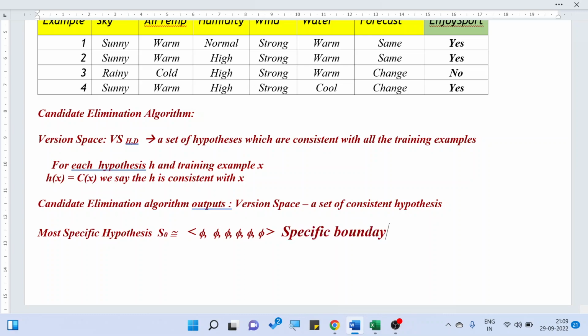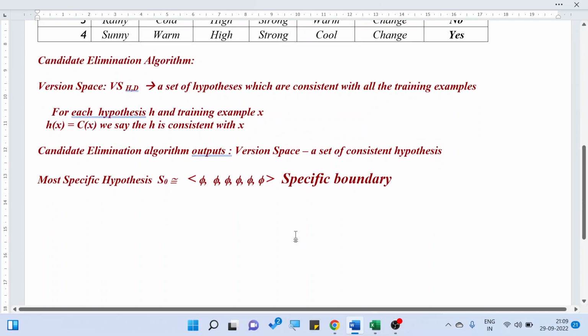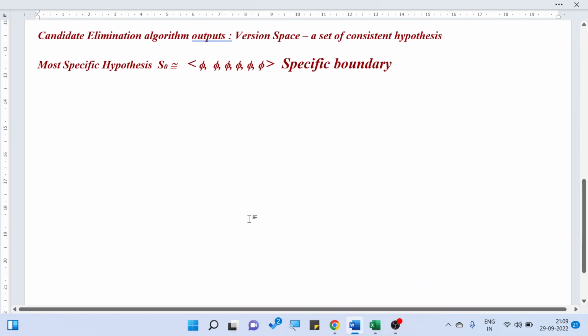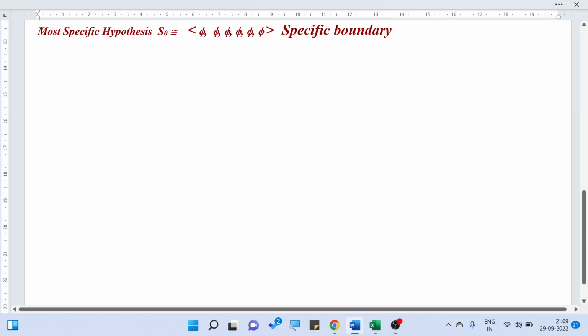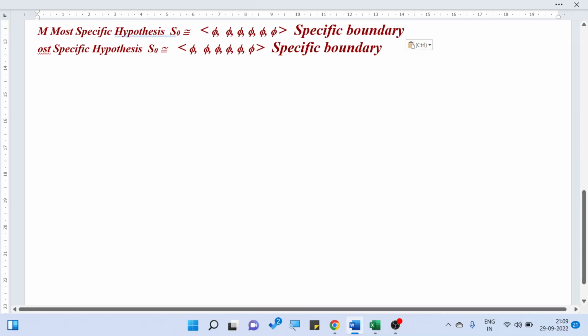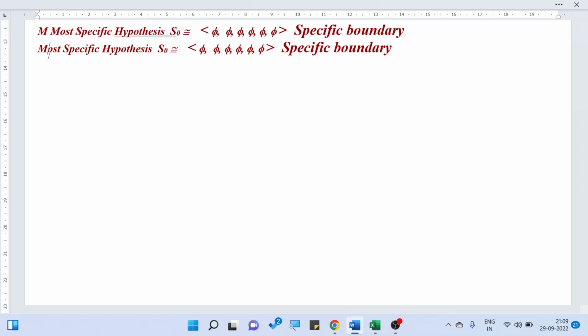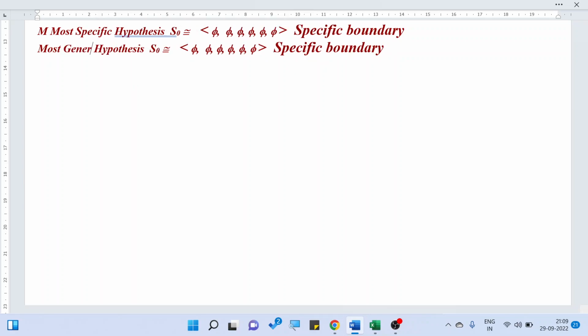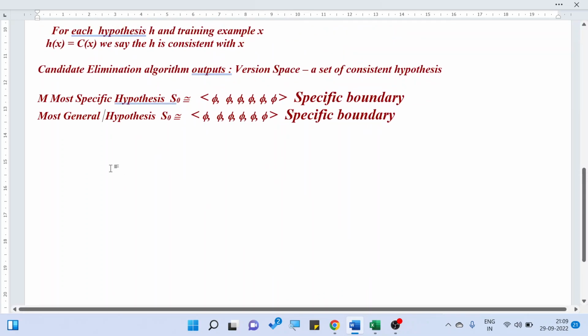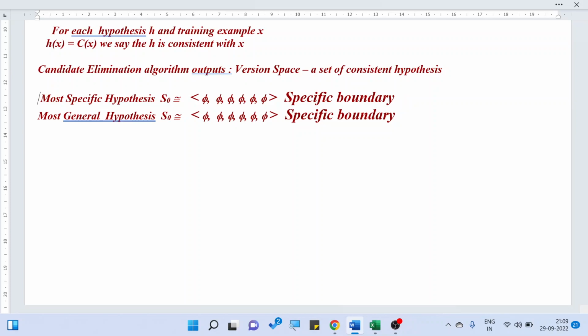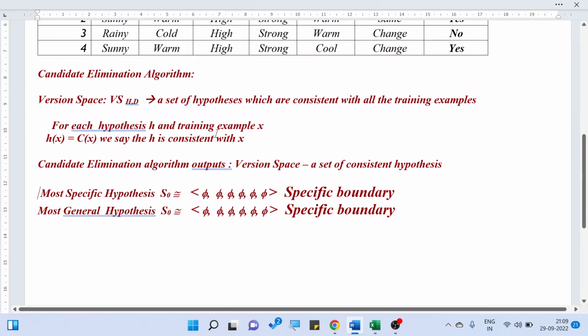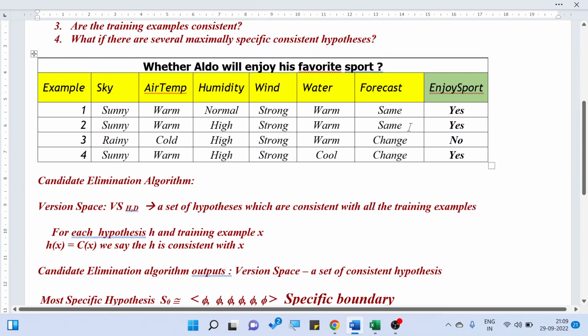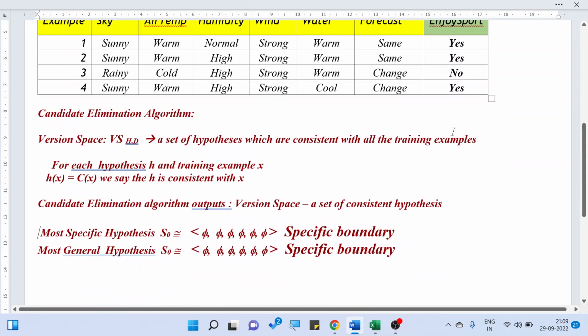On the other hand, we will have the general boundary. Do you remember what the most general hypothesis is? The most general hypothesis will accept any value. That means the most specific hypothesis will not accept any values. That means on any given day he will not enjoy the sport.